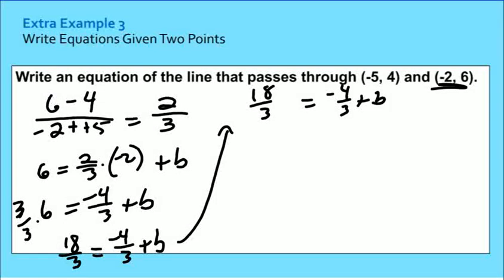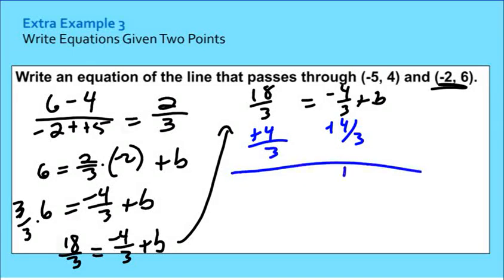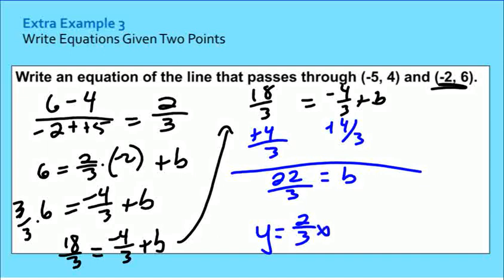To get b by itself now, I just add 4/3. And I'm left with b equaling 18 plus 4, which is 22/3. So my equation would be y equals 2/3 x plus 22/3.